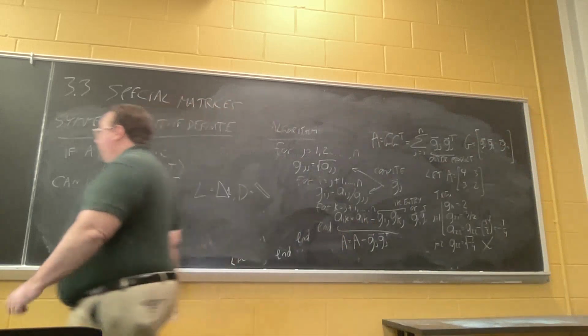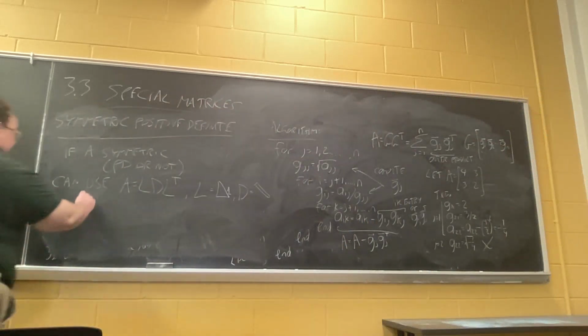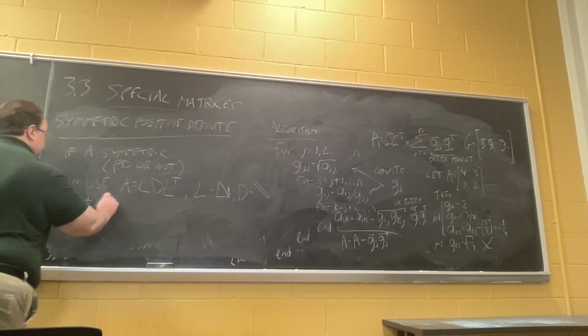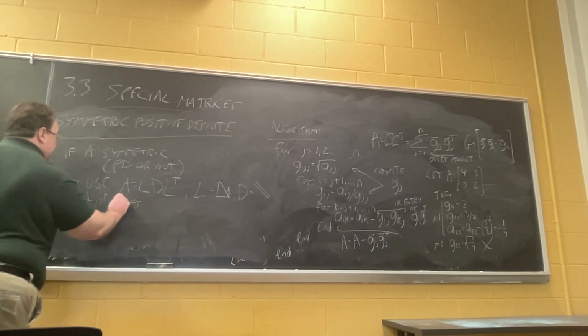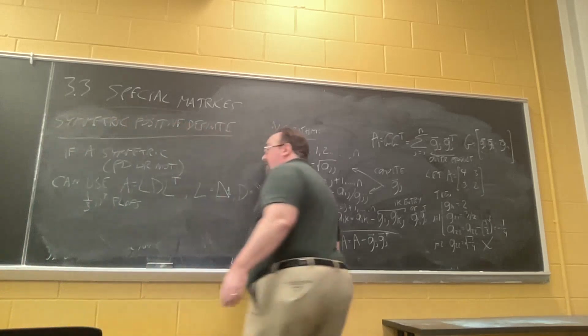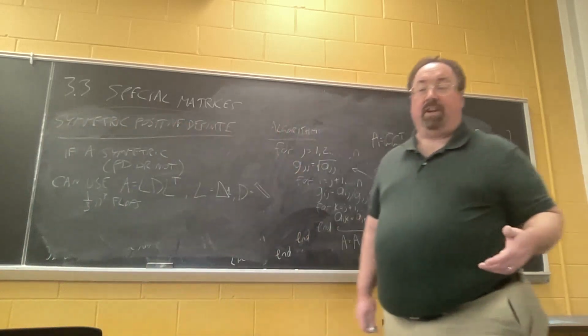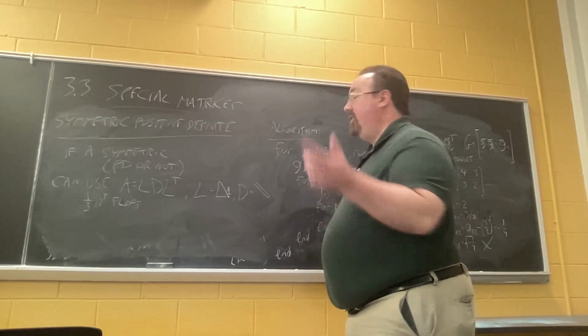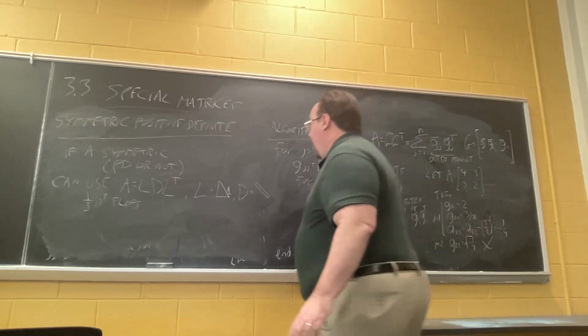Okay. This also takes 1/3 n cubed flops. It exploits symmetry for efficiency, so it's a better way than Gauss elimination for a symmetric matrix. And if your matrix is symmetric positive definite, you can certainly use this for it too.